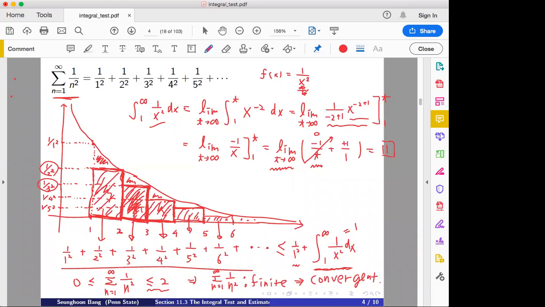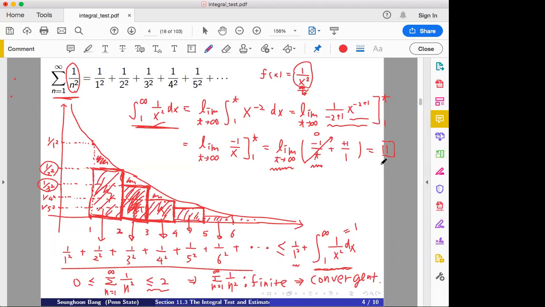It's good. So what kind of method do you use for checking that the summation from n equals 1 to infinity of 1 over n squared is convergent? We can use an improper integral. Step 1, replace 1 over n squared by 1 over x squared. Next, calculate the improper integral.